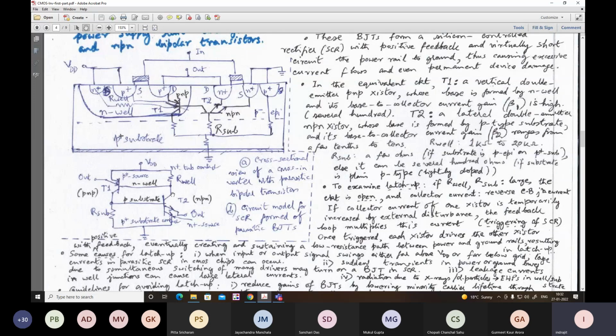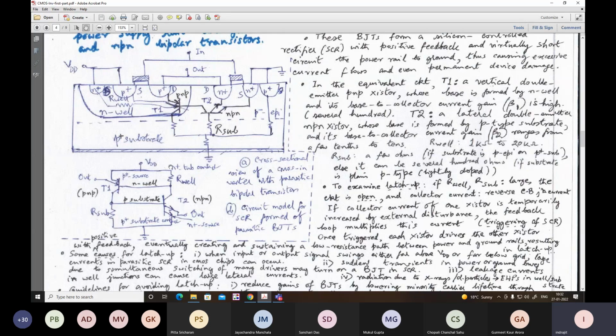And note the result is that because of this connection, suppose the collector current of T2 grows very high, then this will cause a drop. Note that in general these two transistors are off, in cutoff condition. But due to sudden fluctuation of the power supply and ground voltages, or due to radiation based EHP generation, that means electron hole pair generation, suddenly collector current starts flowing in whatever way, in positive or negative direction.